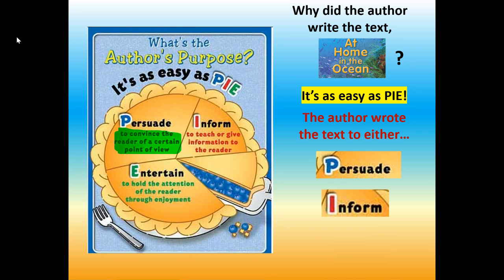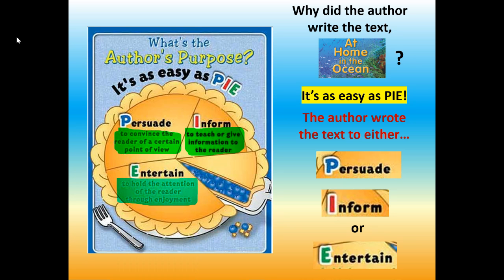Or the author wrote the text to inform. I stands for inform, and inform means to teach or give information to the reader. Or the author wrote the text to entertain. E stands for entertain, to hold the attention of the reader through enjoyment.